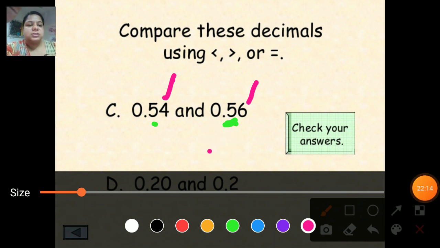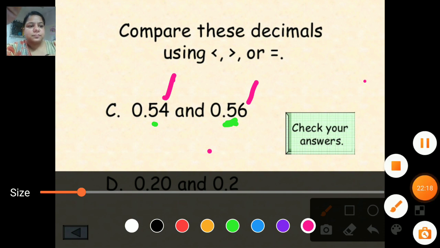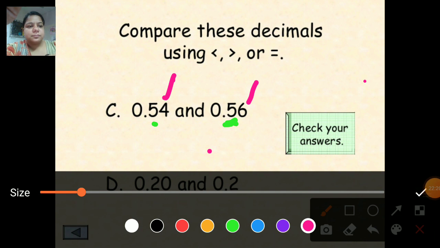Now for the next part, both tenth places are the same, 2 and 2, and the hundredths place is also the same. So it means 0.20 and 0.2 are the same.